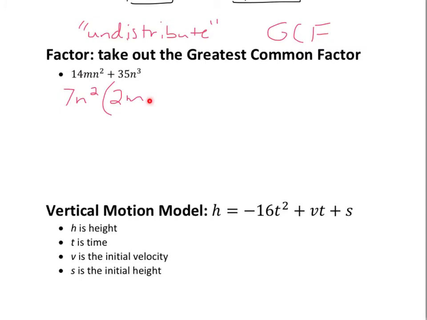In the second one, when we take 7 out of 35, we're left with 5. We didn't take any m's out, but we did take 2 of the n's out, so we're still left with 1n. That would be the final answer. A way to check that is to distribute it. If you distribute this back in, you would get 14mn squared plus 35n cubed. So that's what factoring is.